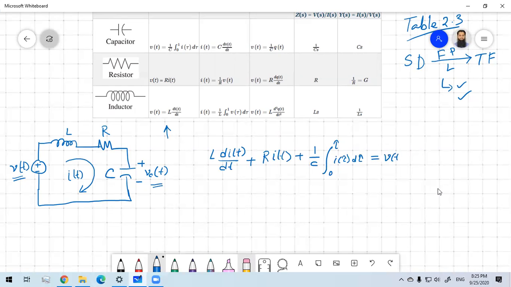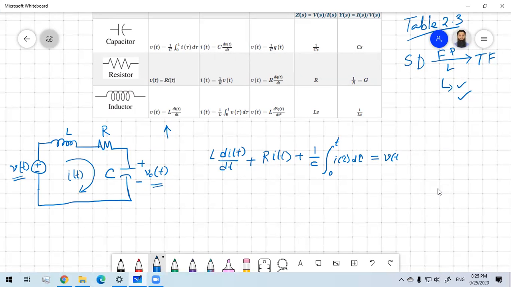Tau is just an integral operator, but the limit has to be the time itself, so we are measuring the time from 0 to t.